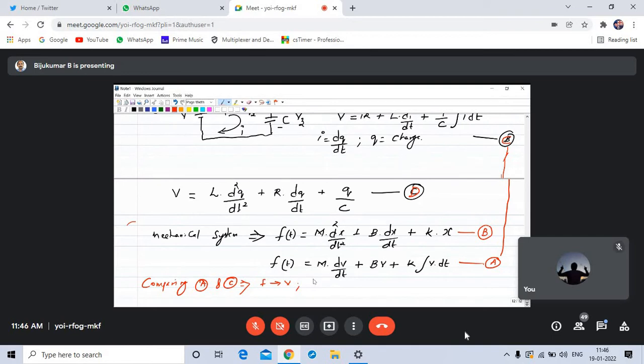and also the mass is analogous to, yeah, correct. Yeah, mass is analogous to inductor. And what about the damper, dashpot?